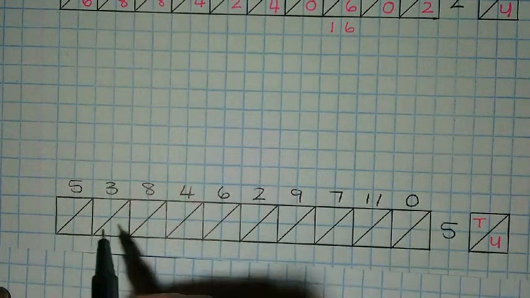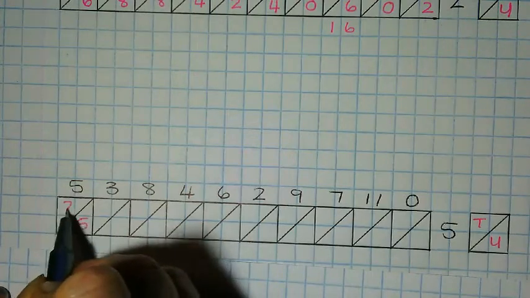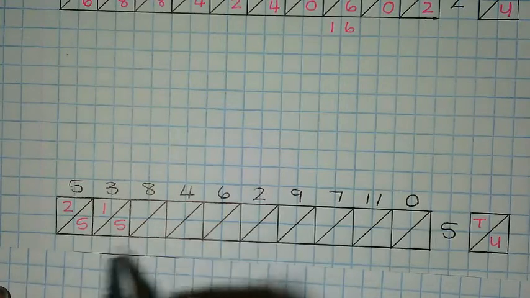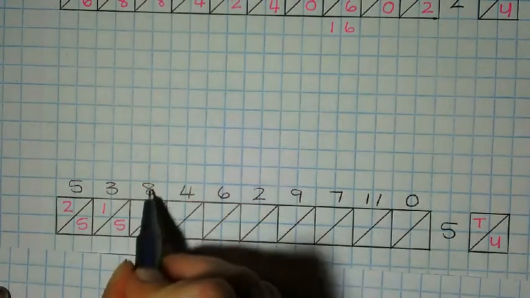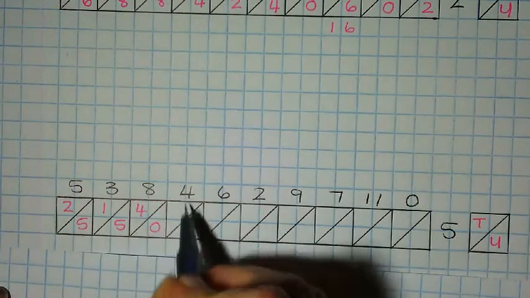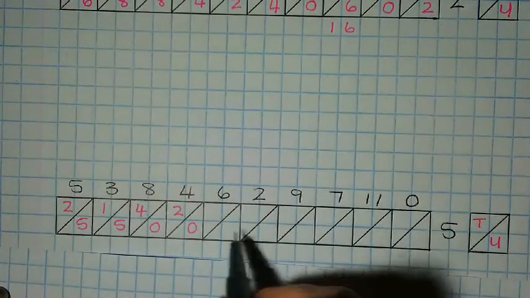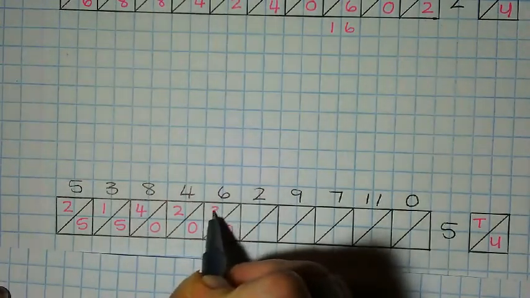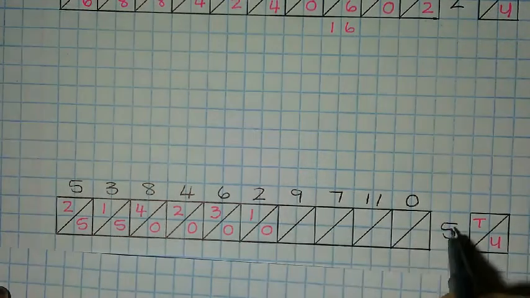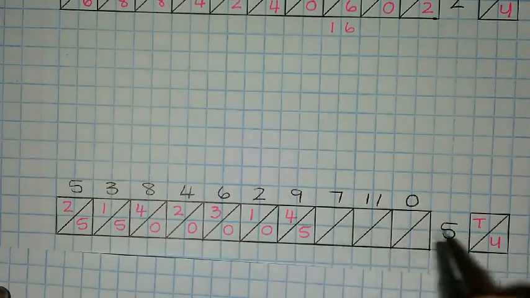Okay, 5 times 5 is 25, 5 and a 2. 3 times 5 is going to be 15. 8 times 5 is going to be 40. 4 times 5 is going to be 20. 6 times 5 is 30. That's going to be 10. 9 times 5 is 45. 7 times 5 is 35.